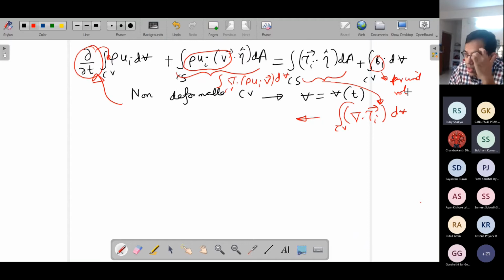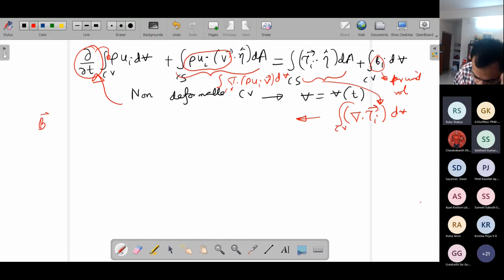Okay. Now for the divergence calculation, let us take an example. Let us say that you have some vector. Let us give some name.